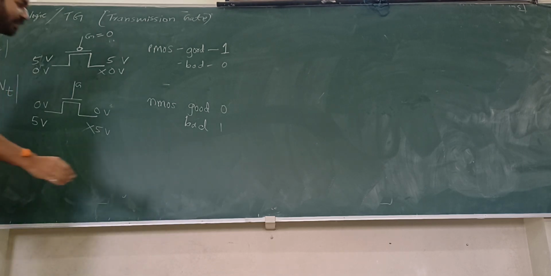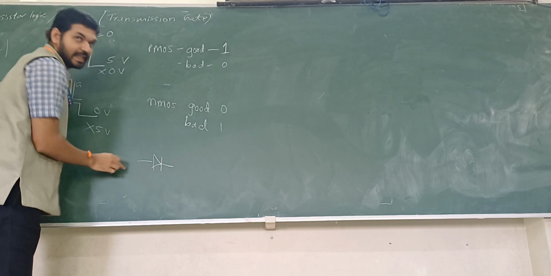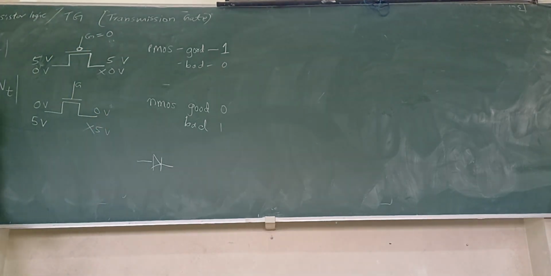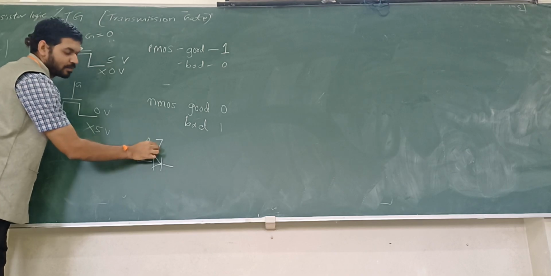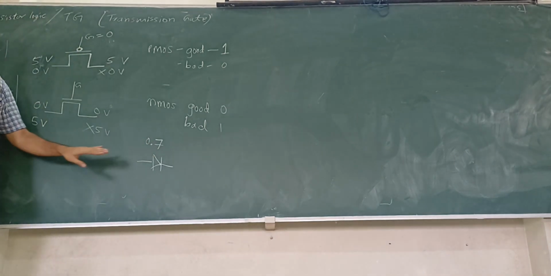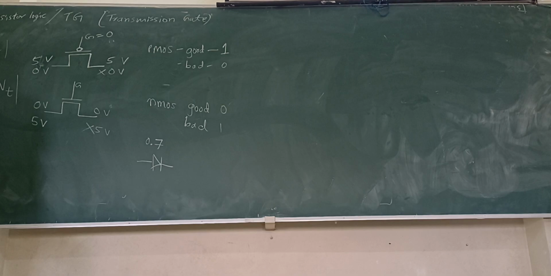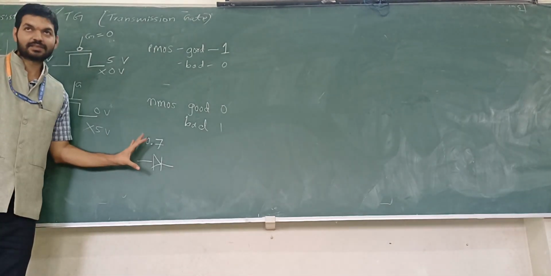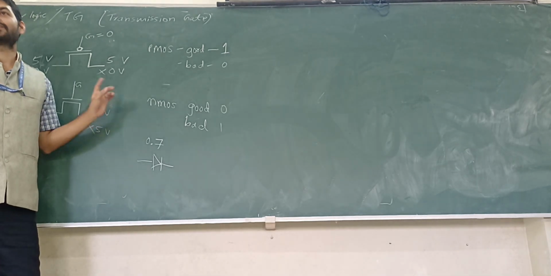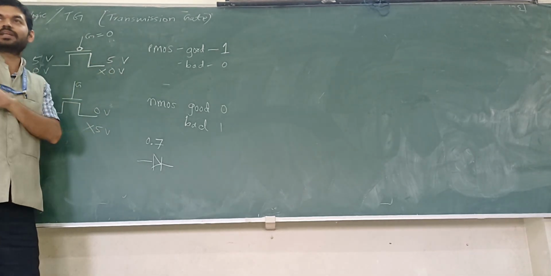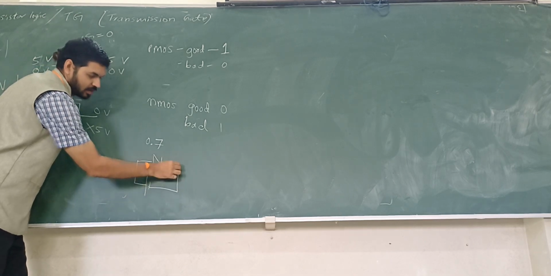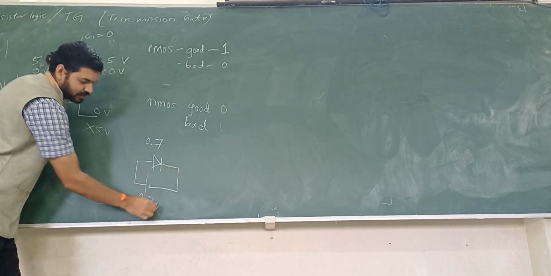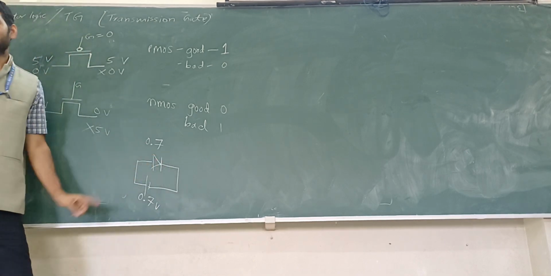Let me give you an example of a diode. If the diode is made of silicon, what is its threshold voltage? 0.7. If it is made of germanium, 0.3. What do we understand by that? A threshold voltage of 0.7 for a silicon diode means that if I apply 0.7 volts across the diode, it will turn on.